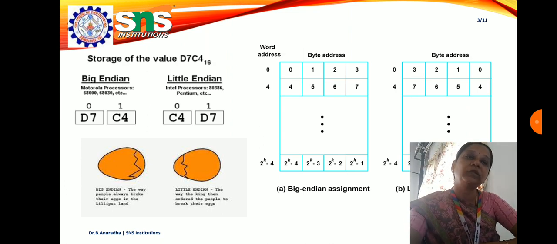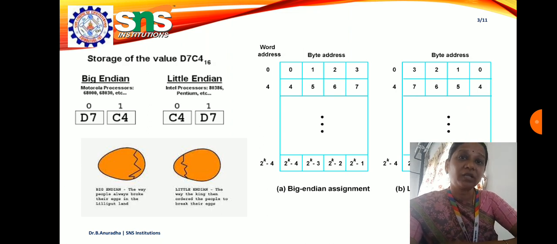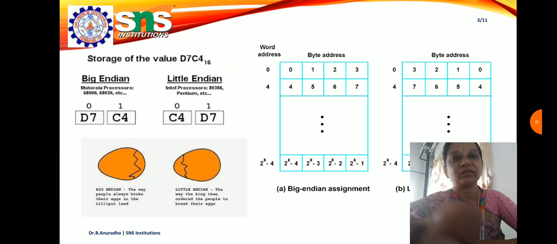Just the opposite, the Big-Endian and Little-Endian methods are opposite methods.